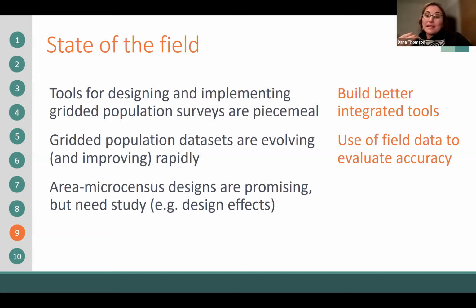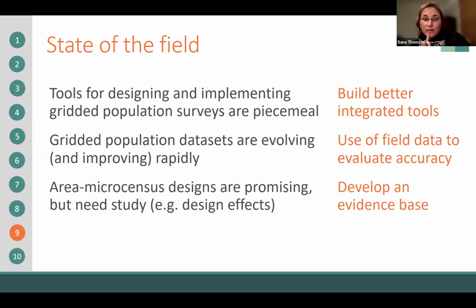And we also have to be on top of this as a community of practice. As we evaluate the accuracy of these estimates in the real world, we need to find a way to report back: we actually enumerated 100 people in this area where we thought there would be 200 people, for example.